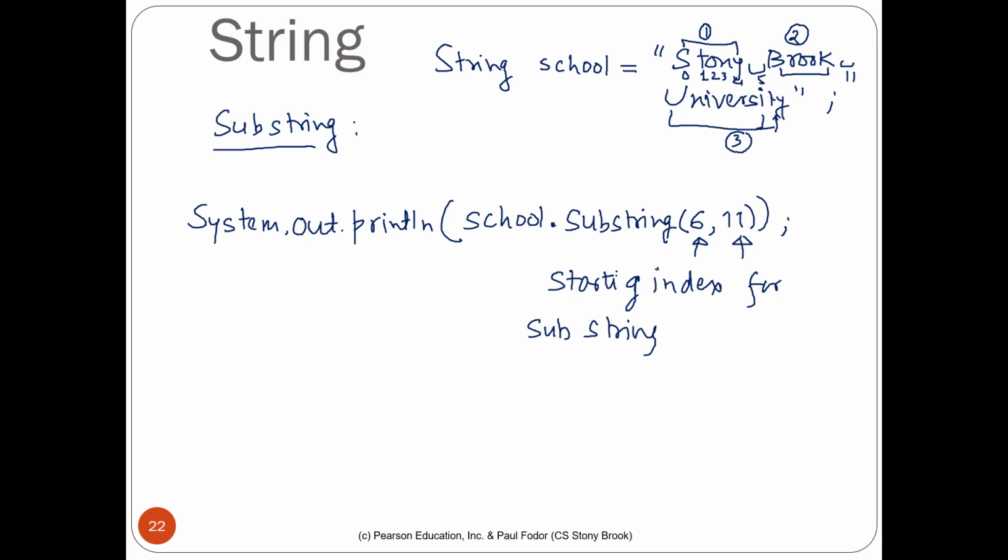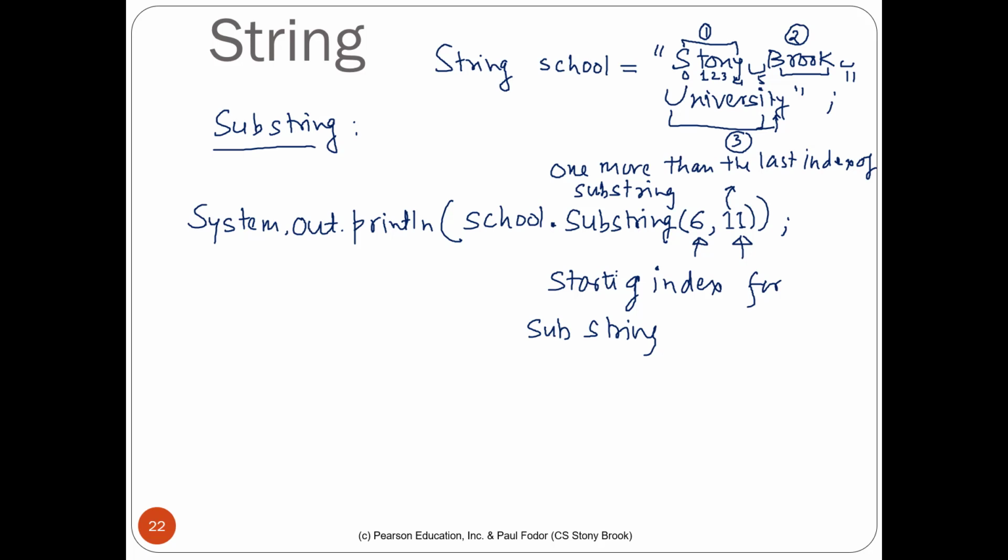Your substring has to start from that index in the original string, whereas the second index that you provide is one more than the last index of the substring. This is usually difficult to understand when you are using it the first time.